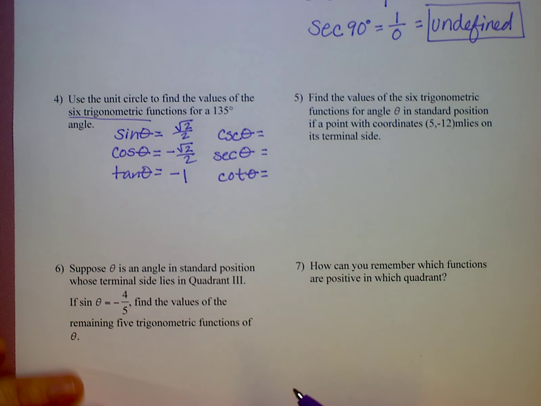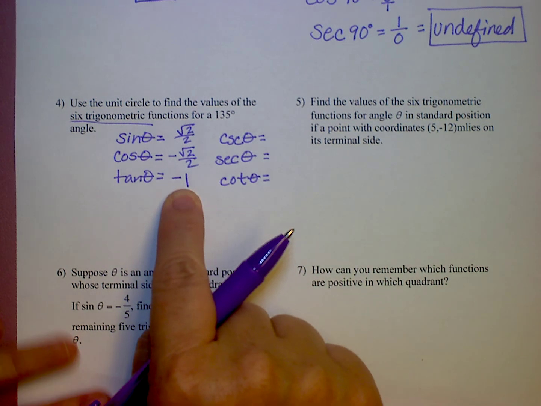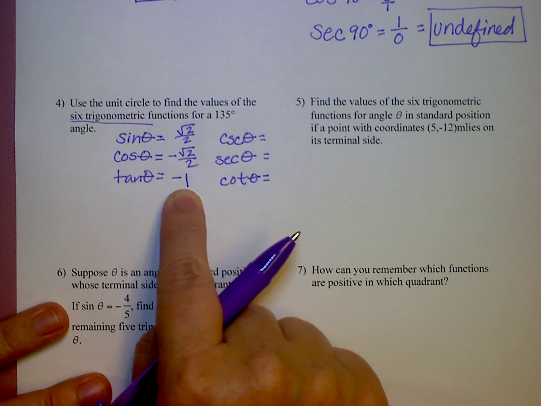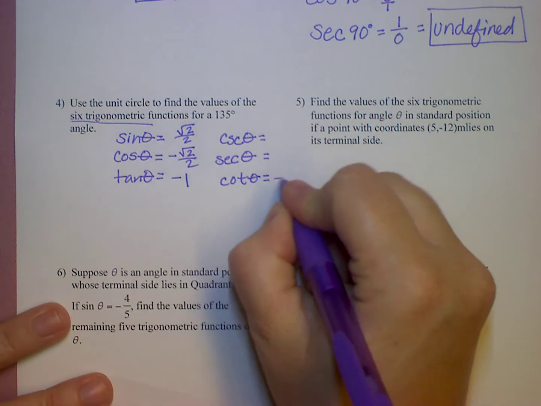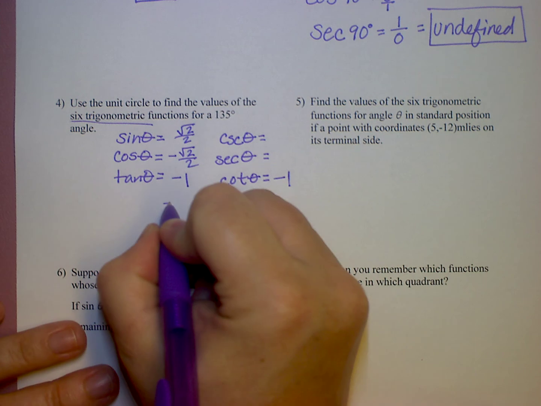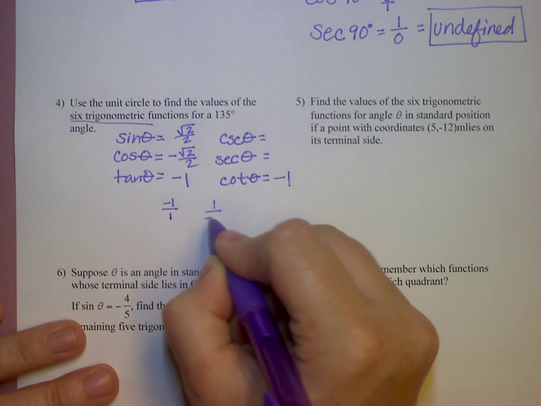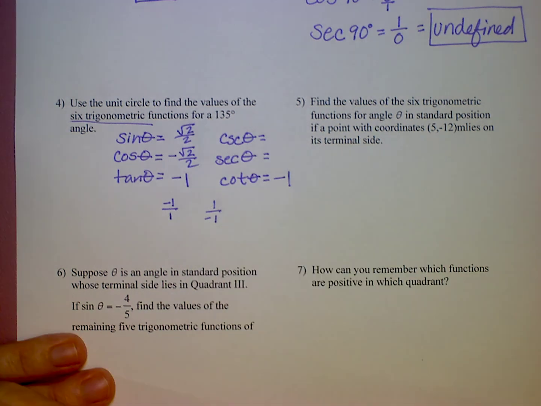Now, the easiest one to figure out here is if tangent is negative 1, what's the reciprocal of negative 1? Negative 1, right? Because this is technically negative 1 over 1. Well, if I flip that, I get 1 over negative 1, which is still negative 1. That's my cotangent.